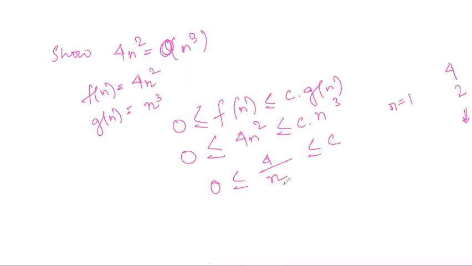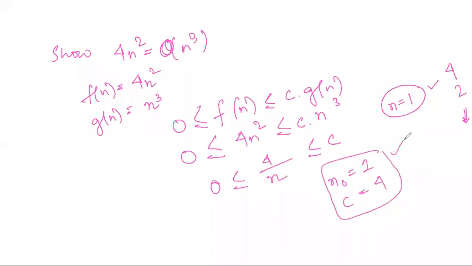So this has maximum value when n equals 1. So the value of n0 is 1, and the value of C, if I put n0, is 4. So I got a value of n0 which is a positive constant, and a value of C which is a positive constant. So yes, I can prove that this is true.